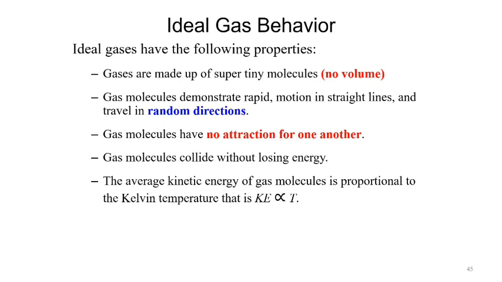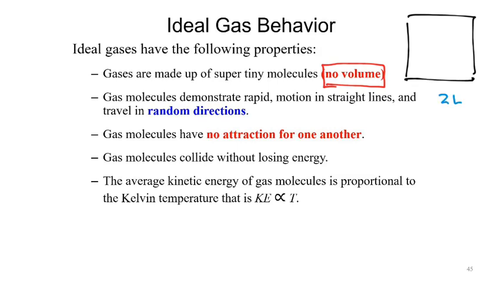They are super tiny molecules. That in and of itself isn't a big observation, but the big observation is actually the parenthetical. When we talk about a gas particle, it has no volume. So if I'm going to look at this closed container, let's say it has a volume of 2 liters.